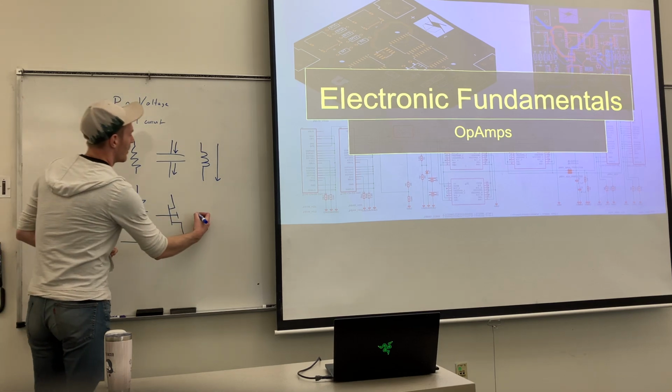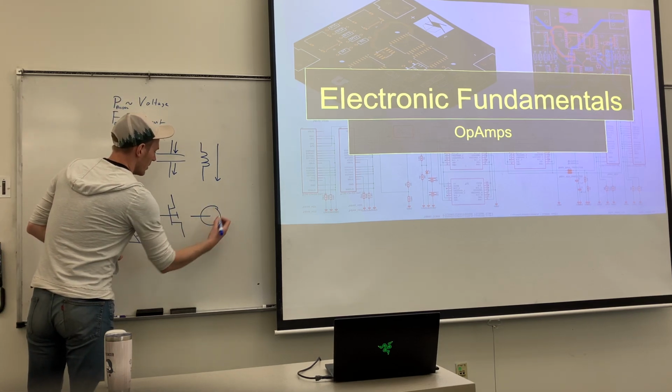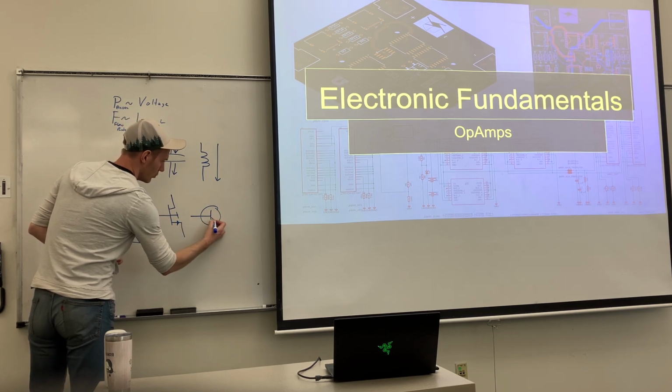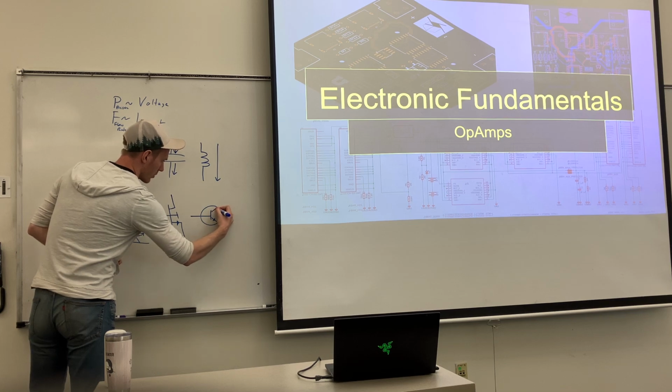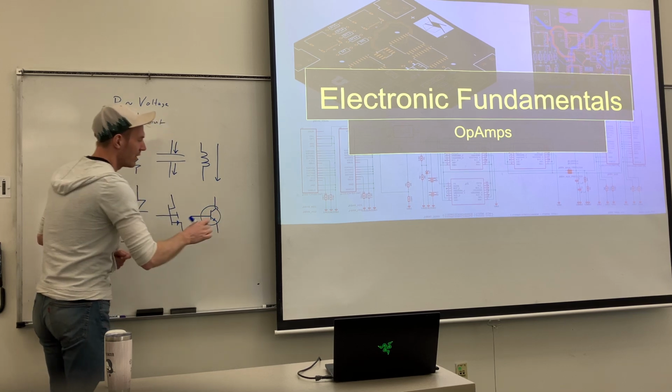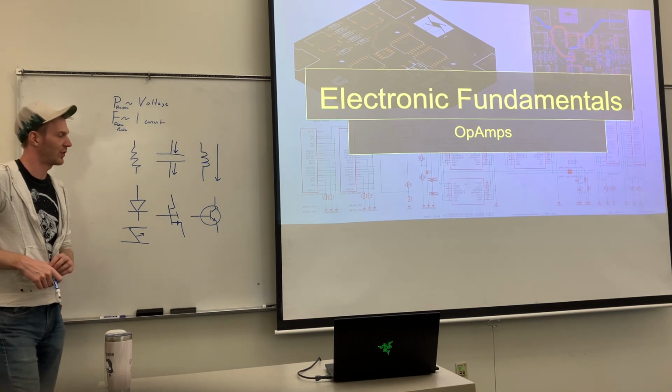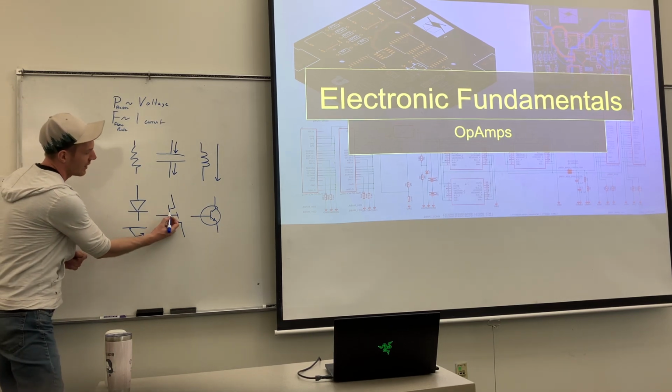And then we talked a little bit about bipolar junction transistors, which are good at throttling, but have some other somewhat less desirable characteristics.